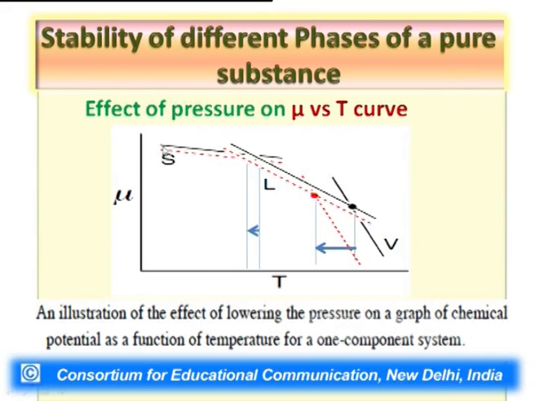As the pressure decreased, at every single temperature the change in chemical potential has been the smallest for the solid phase, and for the vapor phase there is the greatest change. You can see that the distance between the black curve and red curve for the vapor phase is the greatest, least for the solid phase, and intermediate for the liquid phase.